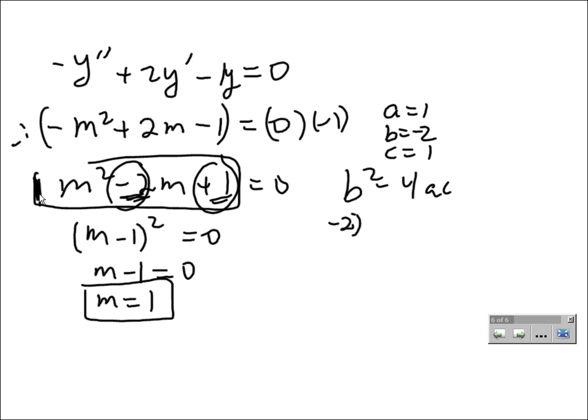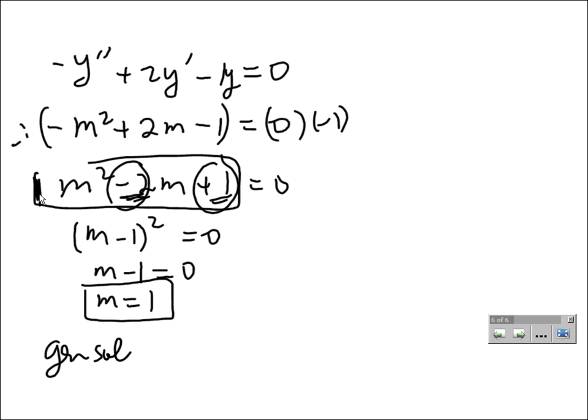So you have -2 squared, which is 4, minus 4 times a, which is 1, times c, which is 1, and this product here is 4. And yep, 4 minus 4 is 0. So we're correct that we got one answer. And we're now ready to write down the solution. The general solution when you just have one root is as follows, to remind you.